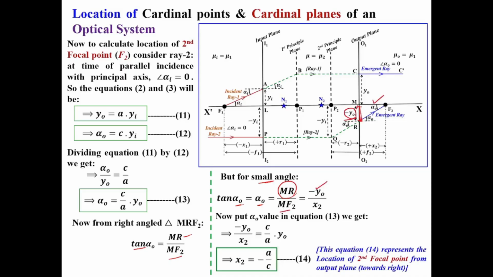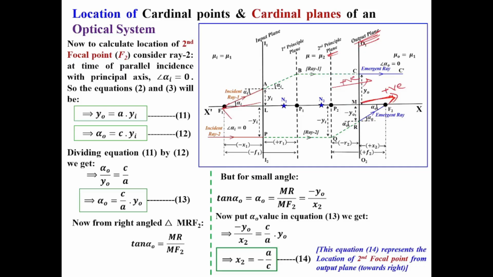MF2 means this distance is your plus x2. Why? Because we are considering the length right of the output plane. So according to sign convention, it will be considered positive. Always remember, towards the right of the output plane and principal plane we consider positive.